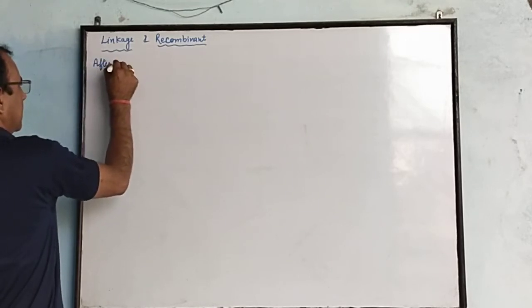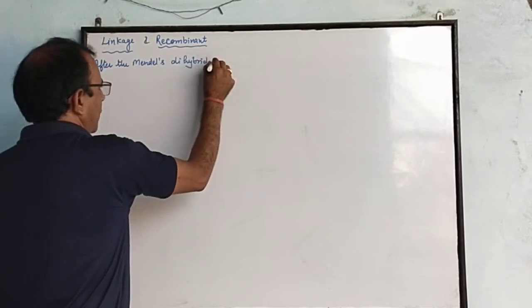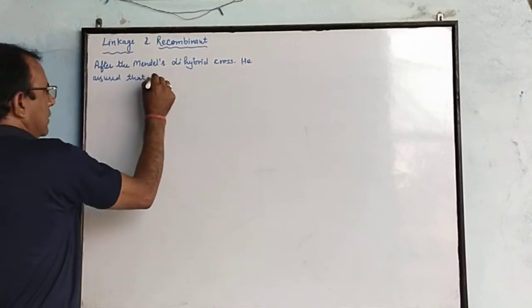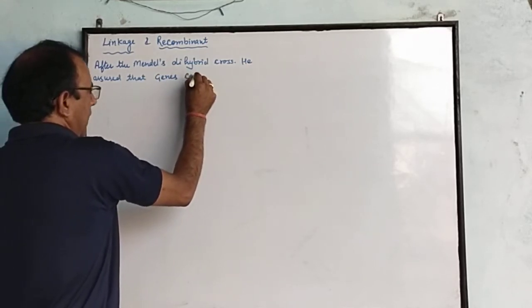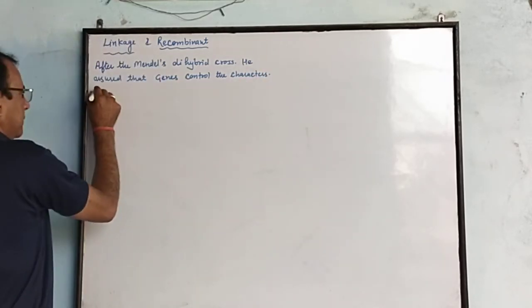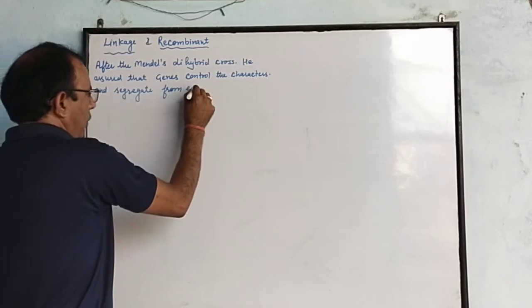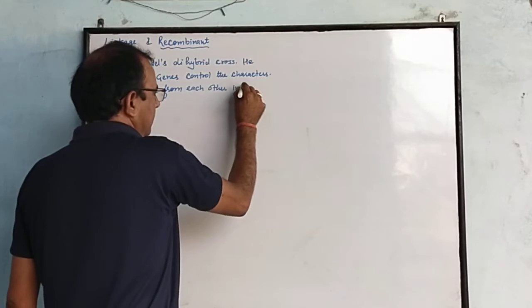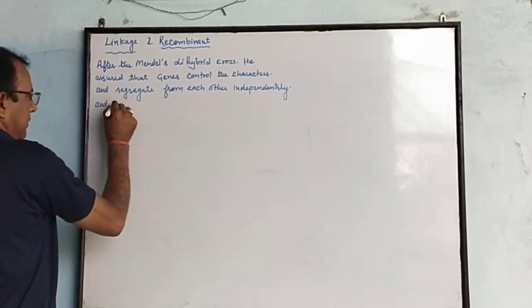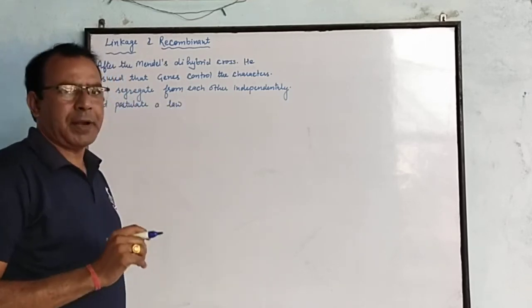After Mendel's dihybrid cross, he assured that genes control the characters and segregate from each other independently, and he formulated the law of independent assortment.